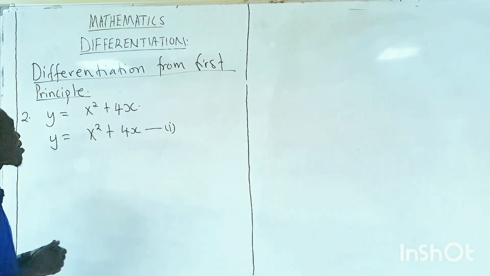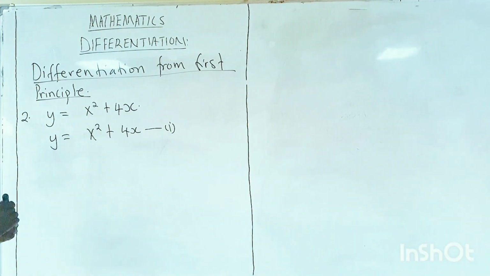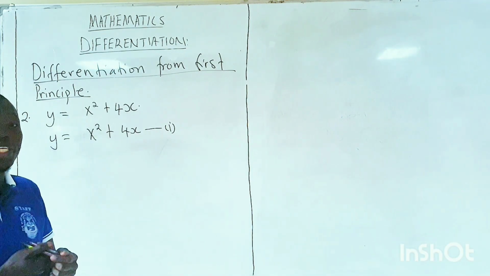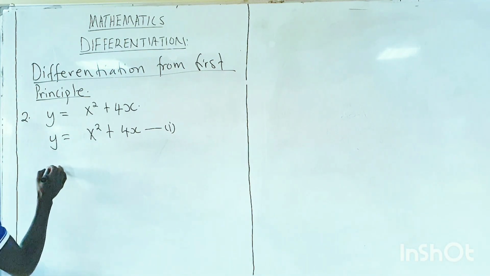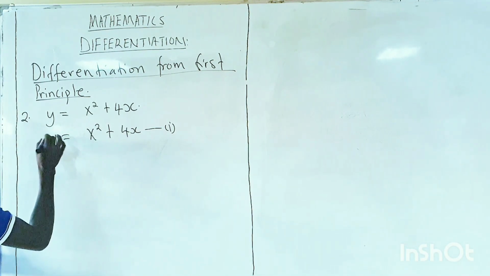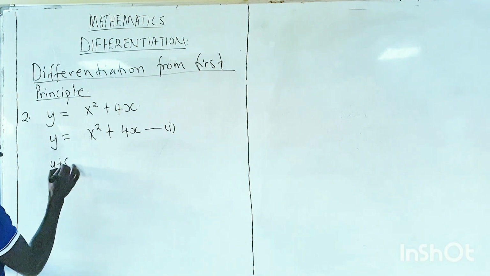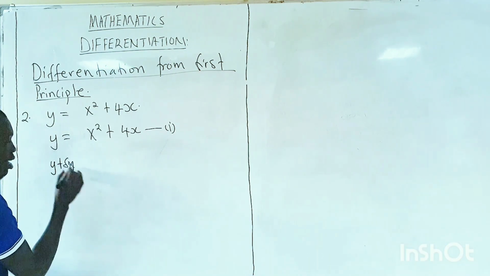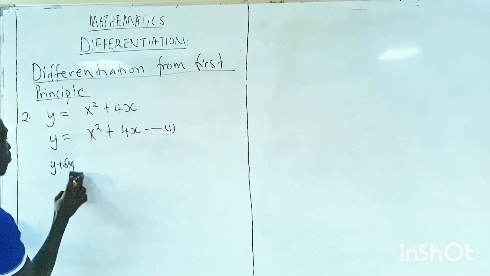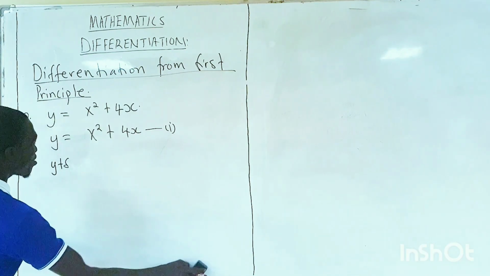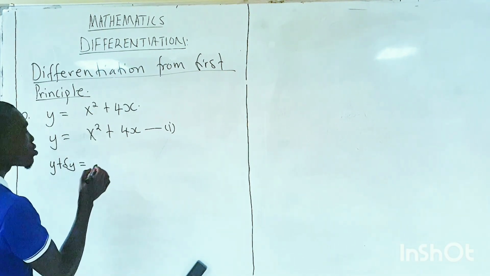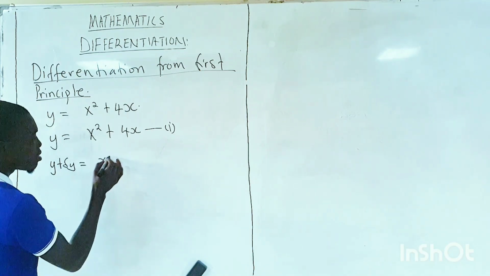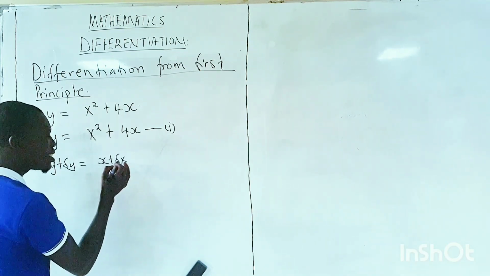Then the next step will be adding small increments in both sides. So if we add a small increment to y, our y will become y plus small increment in y, which is equal to x plus small increment in x.